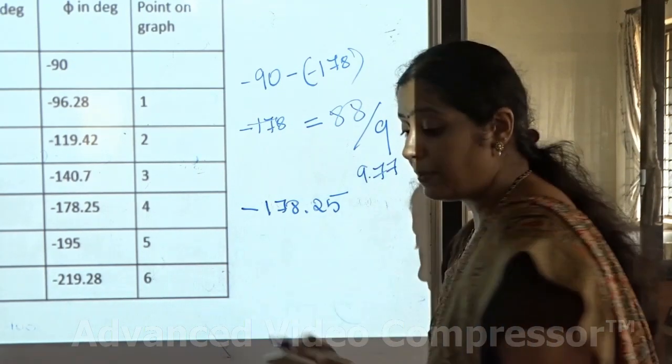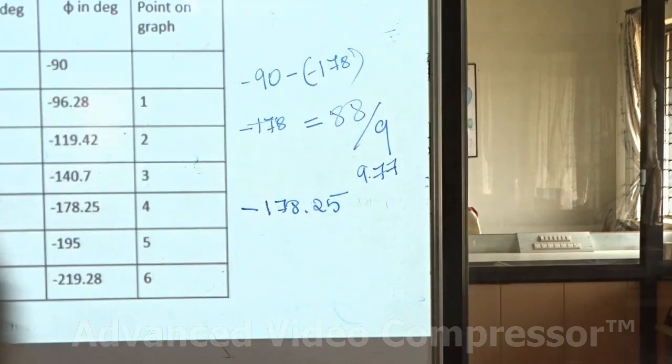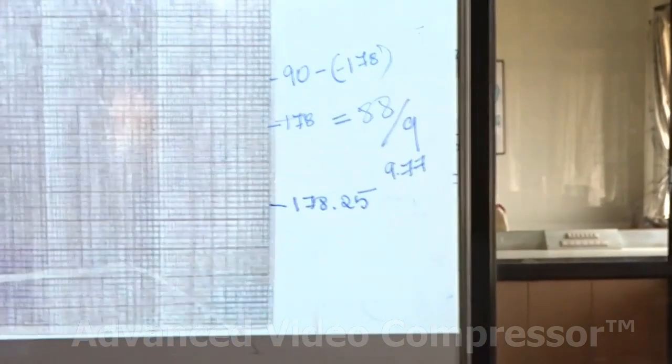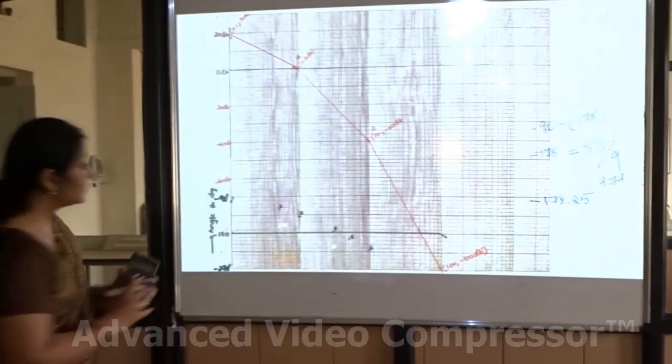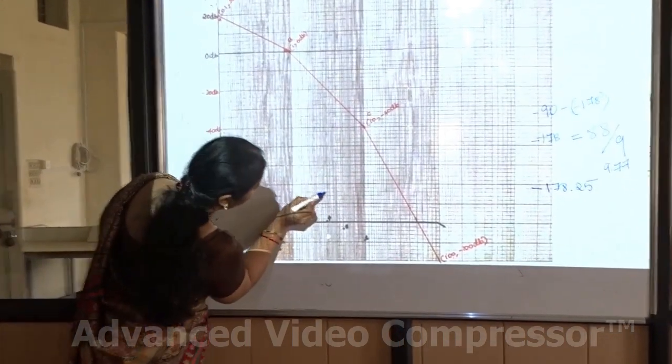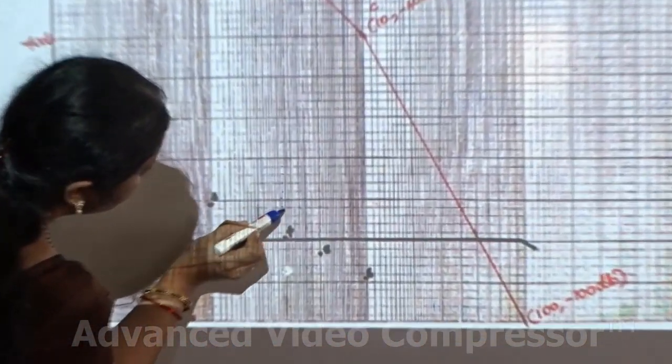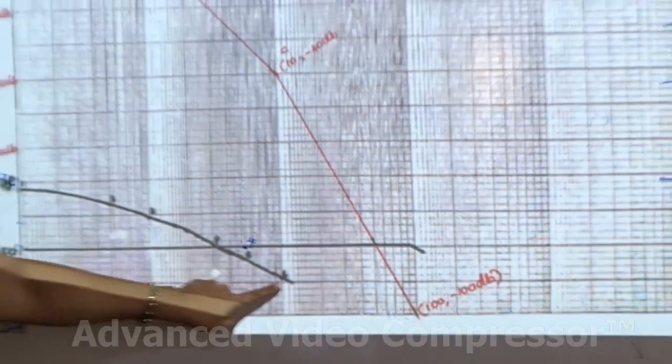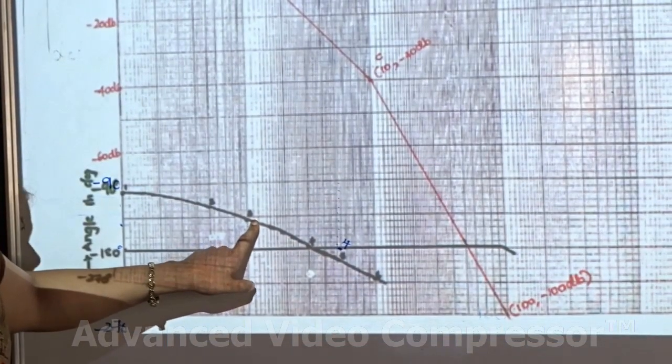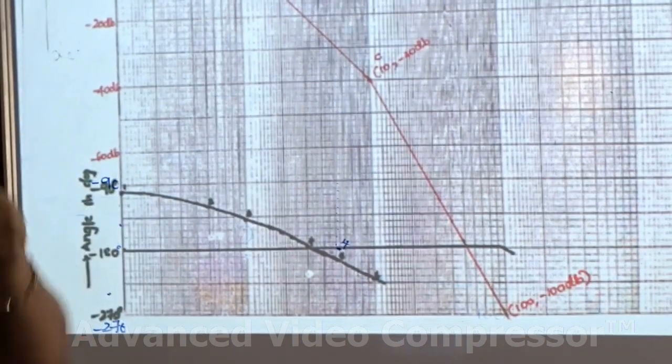You have to come down in the graph by 9 lines: 1, 2, 3, 4, 5, 6, 7, 8, 9. So exactly somewhere here you have the point 4 mark. This is how, instead of calculating angles, you can also do it this way. After marking these points, join them. This will give you the phase plot and this will give you the magnitude plot.